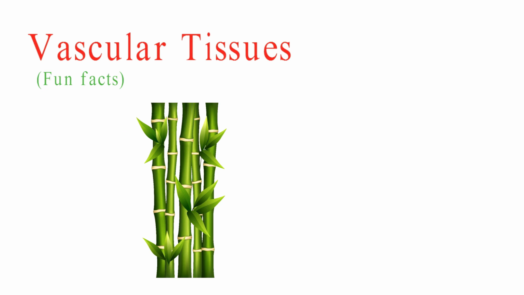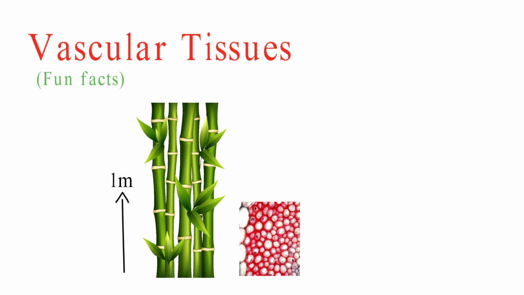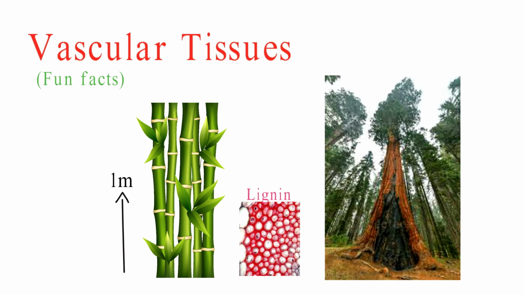Bamboo can transport water and nutrients at an astonishing rate, which helps it grow rapidly, sometimes up to 1 meter per day. Xylem cells have thick walls reinforced with lignin, making them strong and rigid. In some trees, like the giant sequoia, the xylem can be so sturdy that it provides natural resistance against rot and decay, allowing these trees to live for thousands of years.